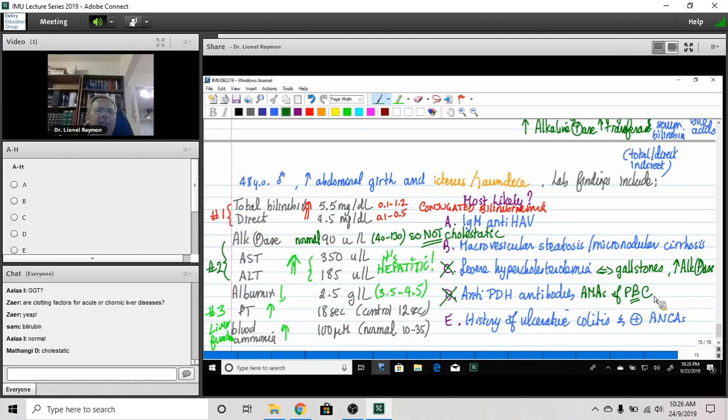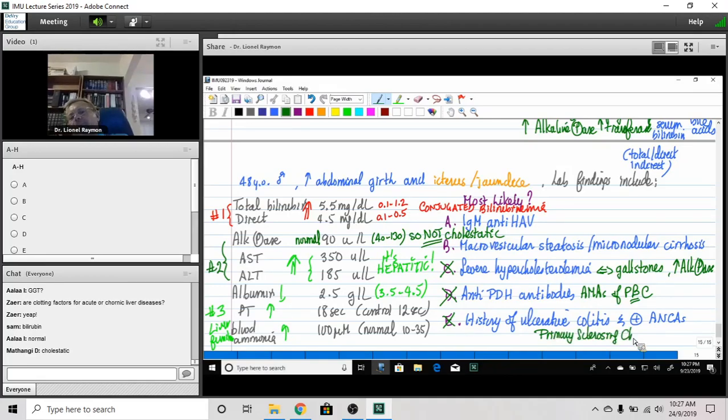And who tends to have a history of ulcerative colitis and positive ANCA and is also with a cholestatic jaundice? Not sure? That could be a patient with primary sclerosing cholangitis.